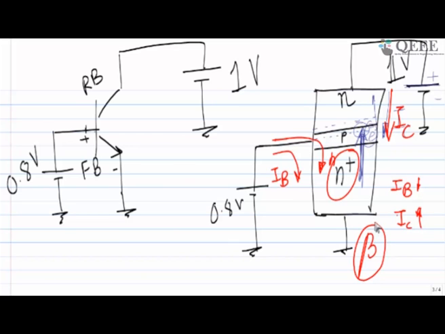This beta depends on how heavily you are doping your N plus region, what is the size of the base width, and what size you are making the lightly doped N side. This whole setup will give you beta, but note that different companies, different manufacturers cannot make exactly the same N plus PN, and your beta will always be varying. This beta variation we are going to call process variation. So this is one part.